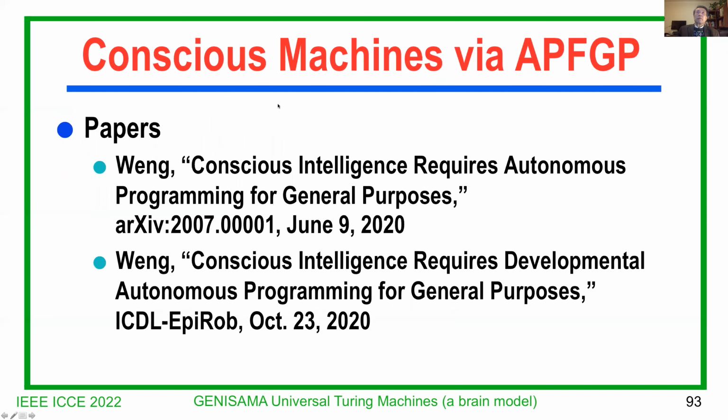Conscious machine can emerge through APFGP, and I have two papers. One, Estimator, on arXiv. Although arXiv is supposed to be unreviewed, they rejected it, actually. They said that there's not enough scientific material in it.